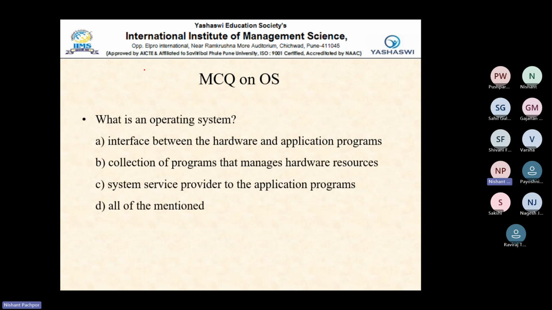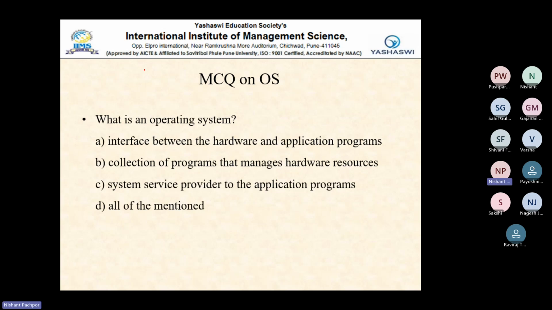What is the operating system? It is an interface between the hardware and application program, or a collection of programs, manages the hardware resources, service provider to your system, application program. Yes, anyone? Interface between the hardware and application program. Okay, again, anyone have a different option?